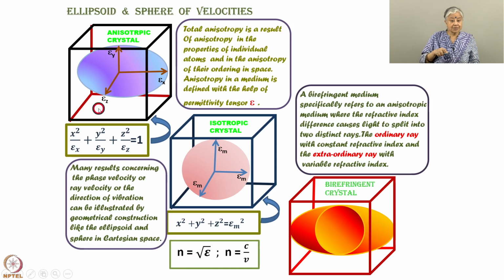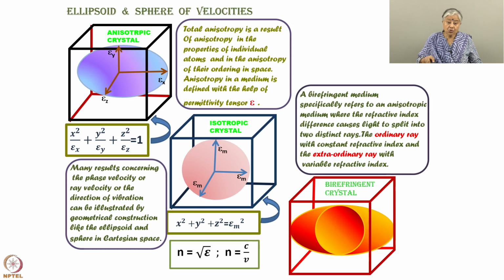So, these primary axes, major and minor axes, you could put them as the refractive index, or you could put them as the velocities, and all of them will more or less describe an ellipsoid. A crystal in which all these directions have different permittivities, different refractive indexes, and obviously different velocities, is called an anisotropic crystal.